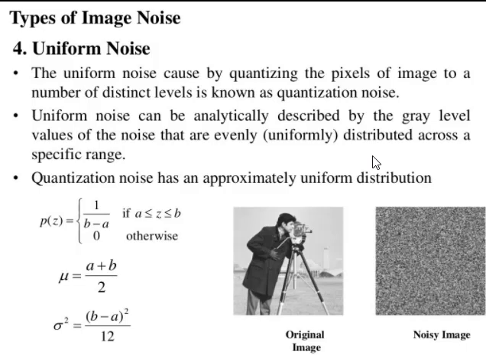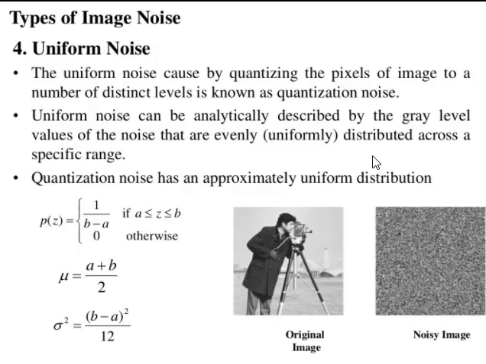Now let's see what is uniform noise. Uniform noise has a repetitive and constant pattern of quantization noise. Quantizing the pixel to a distinct level is called quantization noise.